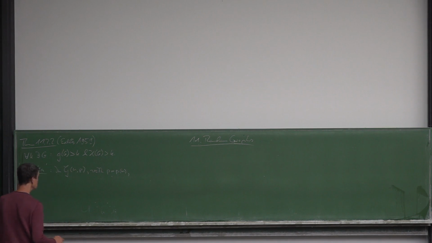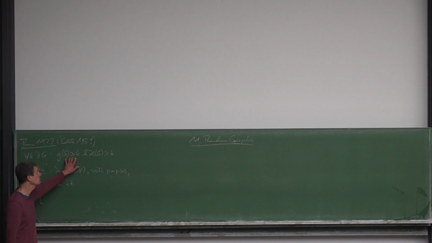Let me say proof idea first. We want to find the definition of p and some n such that the probability that we have short cycles, cycles of length at most k, right?